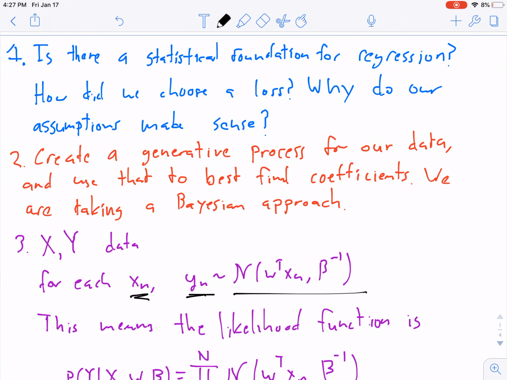So even if you had the perfect w, you wouldn't always get y_n, because there's some noise injected into the system.